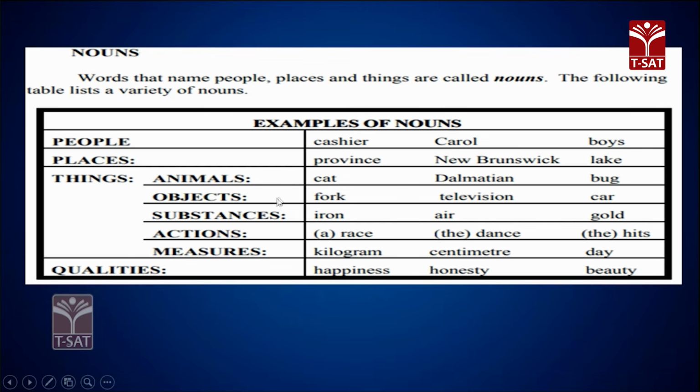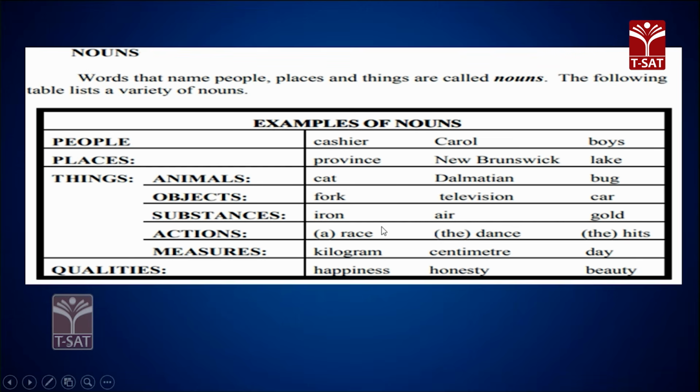Now we look at things. The first comes here, animals: cat, dog, lion, all these things. Dalmatian, one of the breeds of dogs. Bug is also one of the examples for these animals. There are a humpty number of examples, right? The animals which are existing on this earth come under this category called nouns itself.